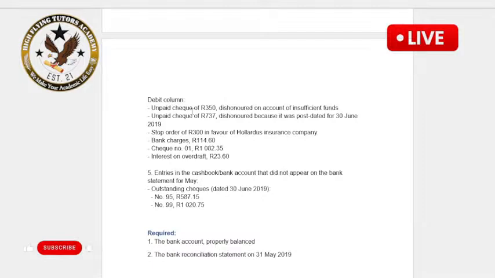So they say an unpaid check of 350 dishonored on account of insufficient funds. So that check was unpaid because of insufficient funds. So let me see on the charts where we record that transaction.